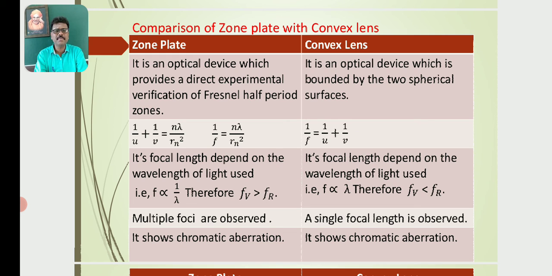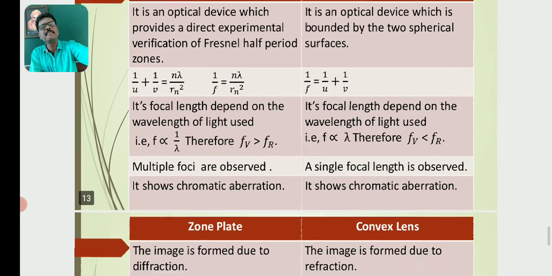In case of zone plates, we observe multiple foci. In case of a convex lens, a single focal length is observed. A zone plate shows chromatic aberration, and the convex lens also shows chromatic aberration.